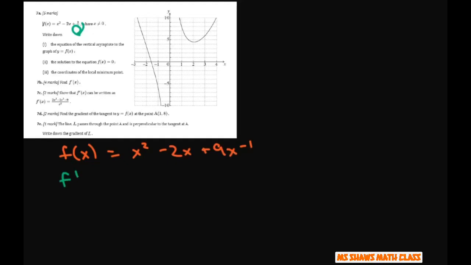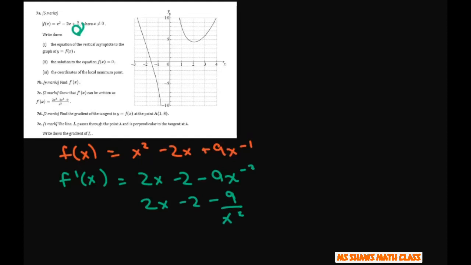So f prime of x equals 2x minus 2 minus 9x to the negative 2, because you're subtracting 1. Simplifying this, you're going to get 2x minus 2 minus 9 divided by x squared.